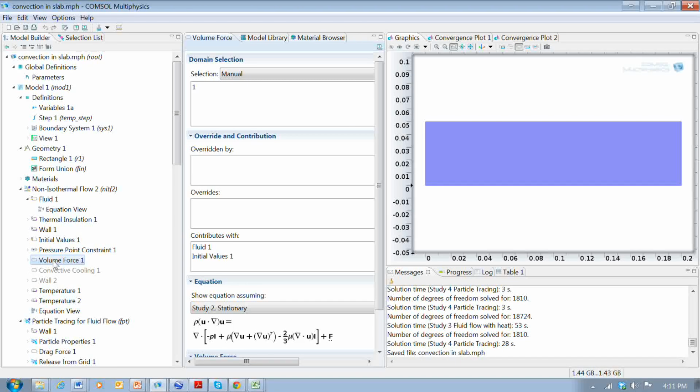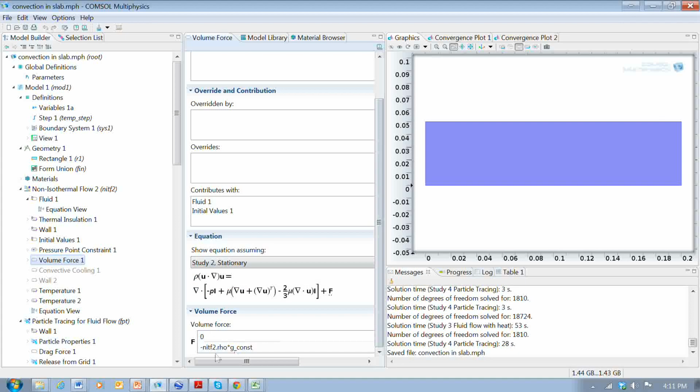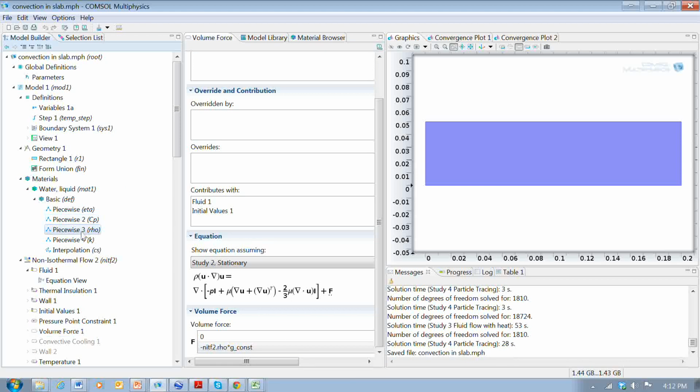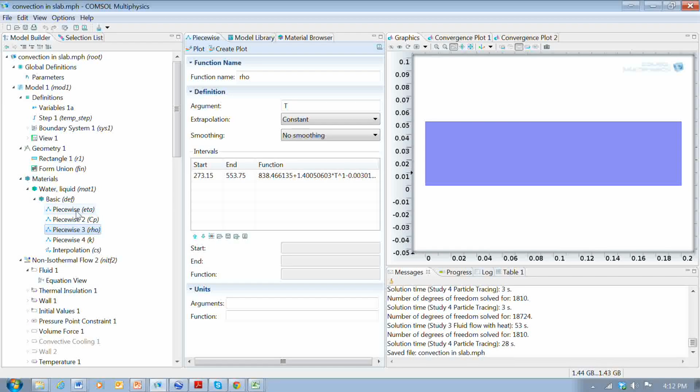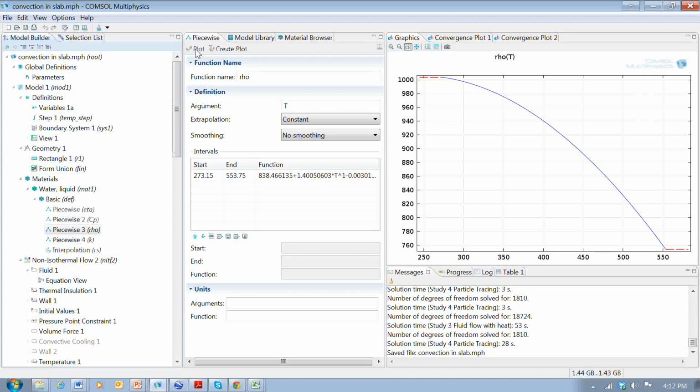You also need to put in volume force, and the volume force is going to be the density times g. And you need to use the density from the definitions. And that's important because this density under the definitions is given by this formula. And if we plot it up, we see the density as a function of temperature.